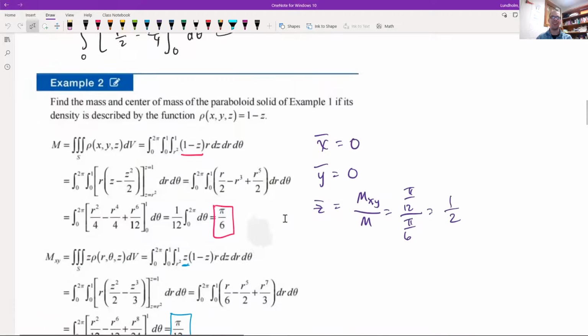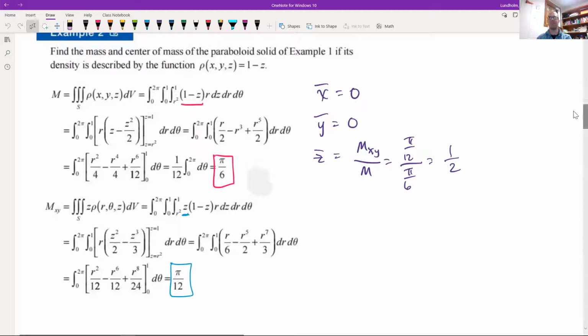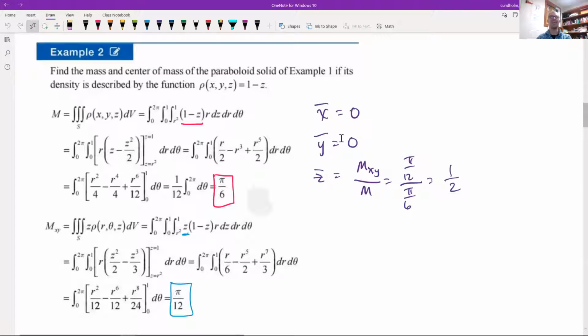Example 2 is one of our favorite kinds of applications. Here we are finding the mass and the center of mass of this paraboloid solid if it has a density function that is not completely trivial. This density function is 1 minus z.